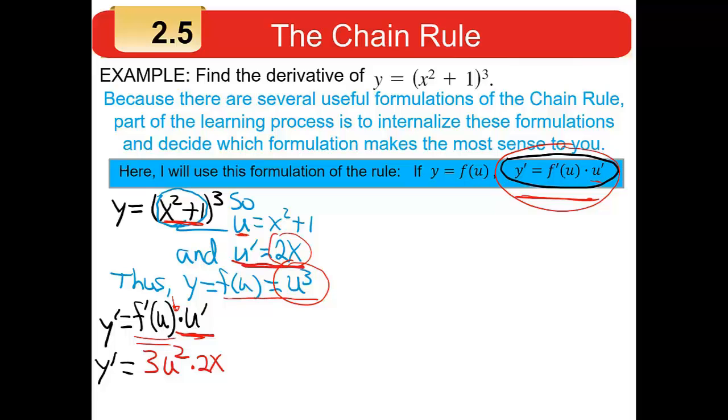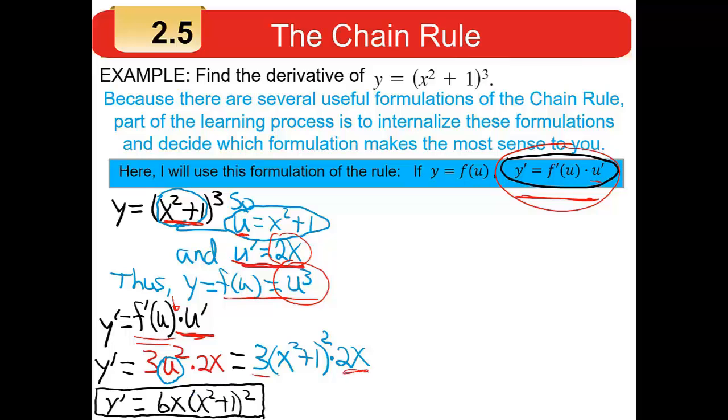Once you insert that u in there to help you do the computation, when you're done with it, you take it back out again. So now that we're done with the derivative, we take the u back out and put in what it's equal to, which is x squared plus 1. And basically that's the derivative there. You can clean it up a little bit by multiplying the 2x times the 3 and getting 6x, but that's basically the derivative by the chain rule.